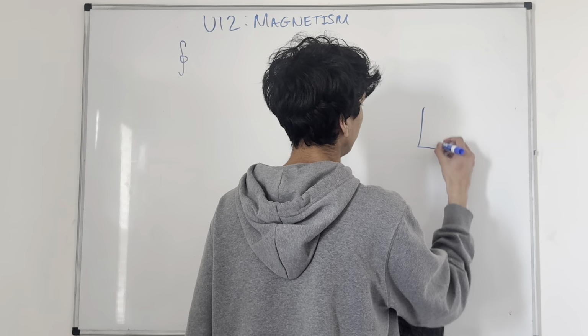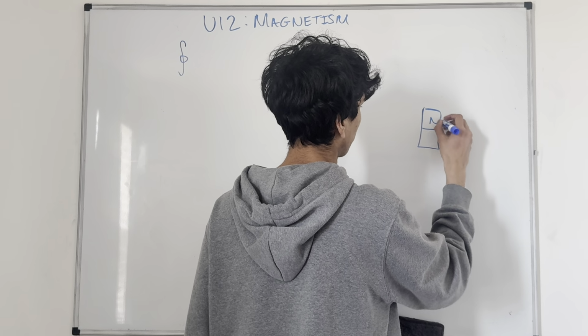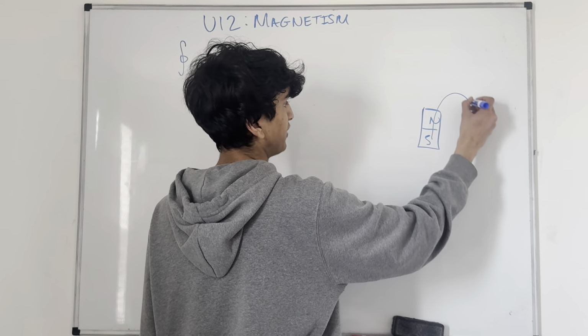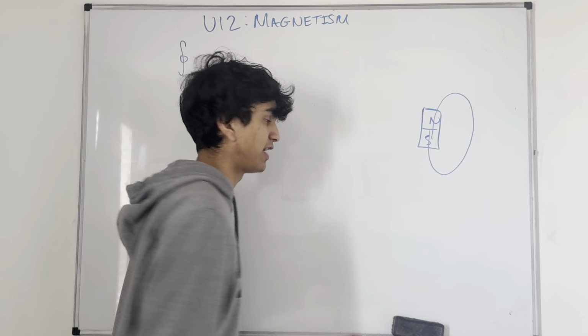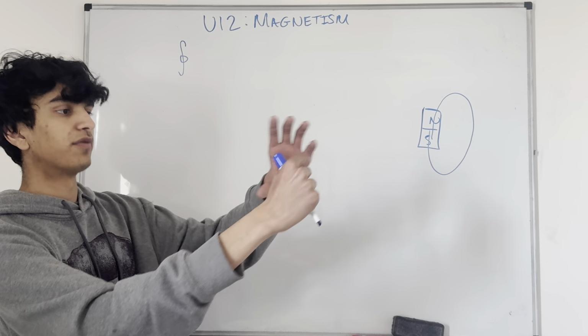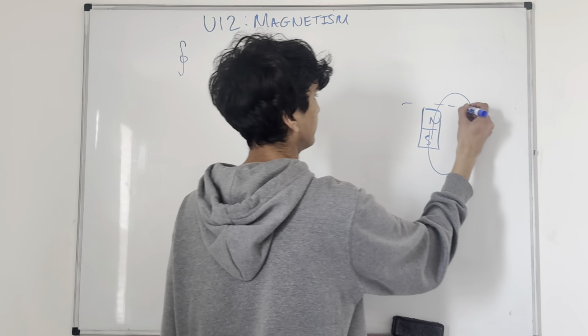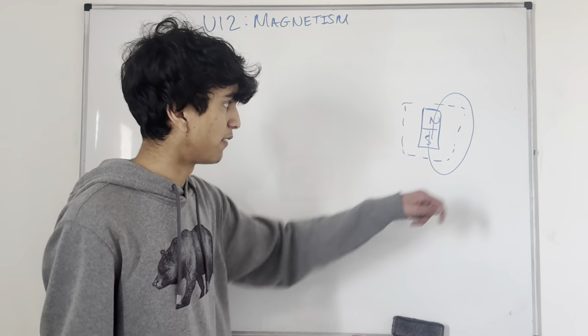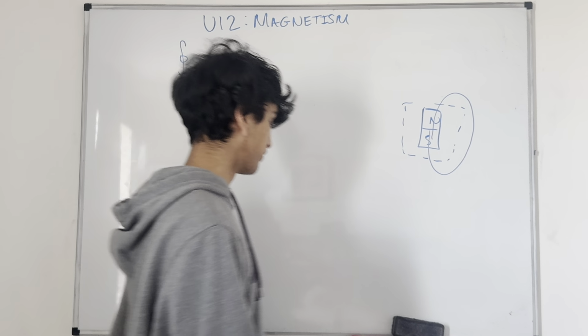This is the idea that you will never have just a north pole or just a south pole. Whatever magnetic field comes out of the north pole comes back into a south pole, so whatever leaves that Gaussian surface will always come back in. The net flux will be 0.